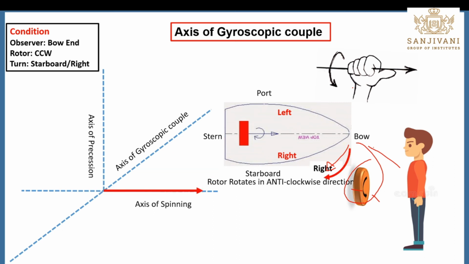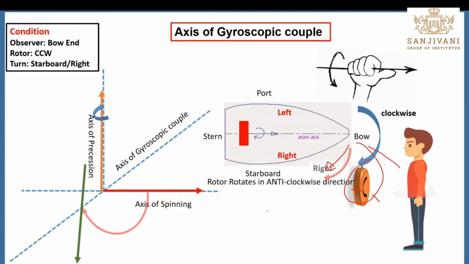Now the ship is taking the turn towards right, and that direction is the clockwise direction. That means the ship is taking the turn about this vertical axis in the clockwise direction, which is the axis of precession. Now what we need to do is rotate this axis of spinning in the clockwise direction till it approaches the third axis, which is the axis of gyroscopic couple.